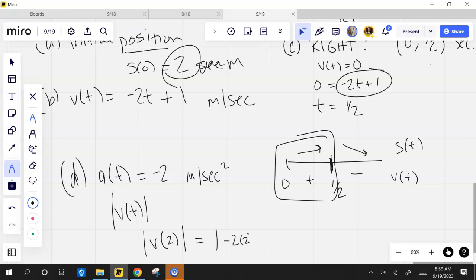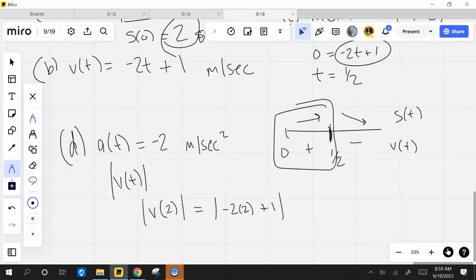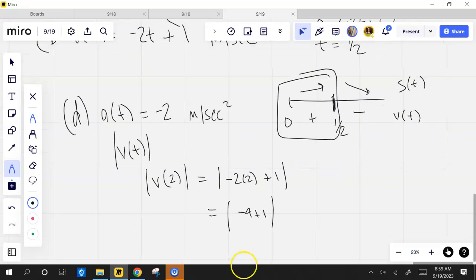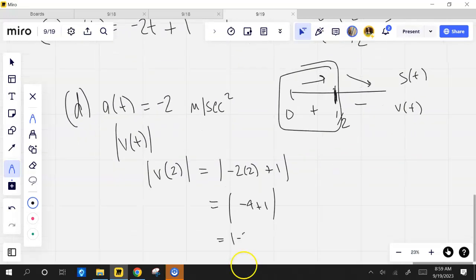Negative 2 times 2 plus 1. Negative 4 plus 1, which is, what does that tell me? 3 what? The speed, meters per second. My bug is traveling at 3 meters per second initially.